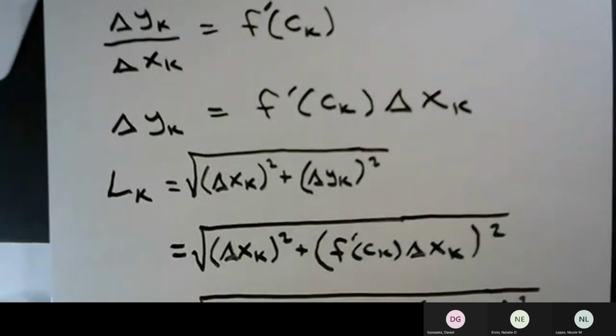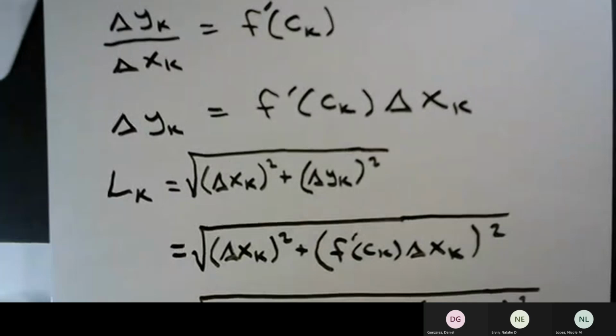So we take the integral c to d square root of 1 plus g prime of y squared dy.